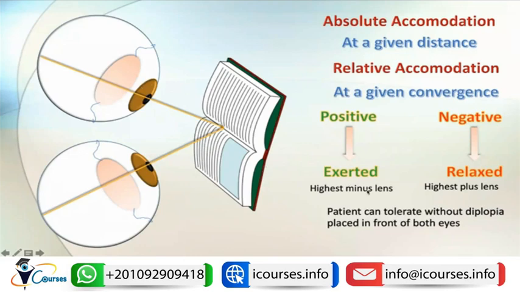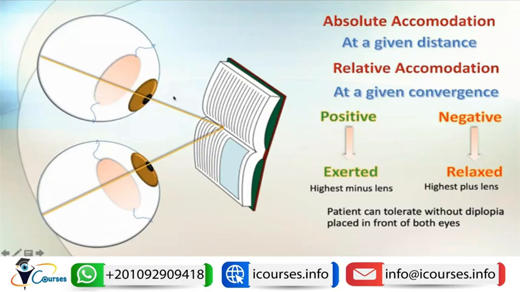So the highest minus lens can be used to know the value of the positive relative accommodation. The reverse will occur in the case of the negative relative accommodation. So if the accommodation is relaxed, then we need to stimulate it by the highest plus lens.